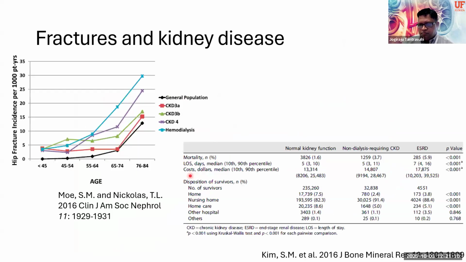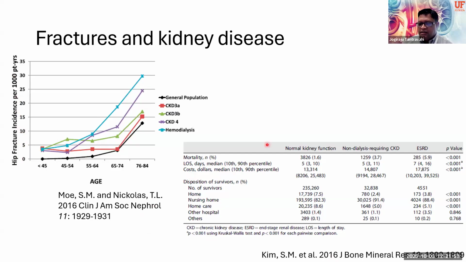Okay. What we can do in terms of cardiovascular health in our patients with chronic kidney disease and end-stage renal disease is important, right? Cardiovascular disease kills a lot of our patients. But we really are in the world of bone disease and fractures. These are two very famous slides, one from Sharon Moe, one from Glenn Chertow's group. The first shows that the incidence per 1,000 patient-years of hip fractures increases significantly as renal function falls.